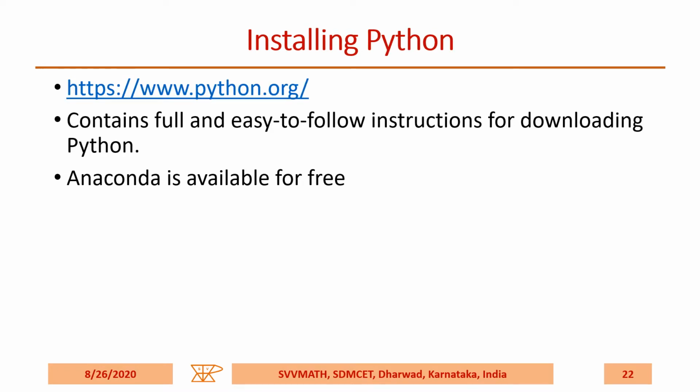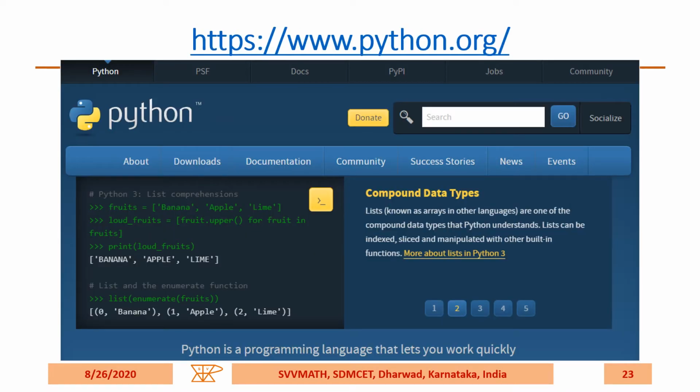To install Python, you can use the link www.python.org, which contains full and easy to follow instructions for downloading Python. Anaconda is available freely. This is how the website looks.